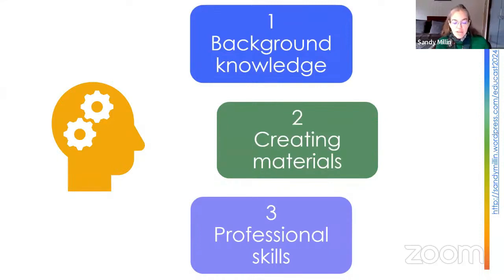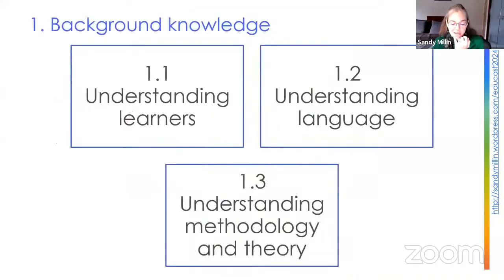And section 3 is about the professional skills that work around materials writing. That in particular would be if you wanted to be a professional materials writer, but there are things in there that are relevant for teachers producing materials as well. They're skills that you need that go beyond the actual materials themselves. So I'm going to look at each of these in turn and show you the sections that are in there.